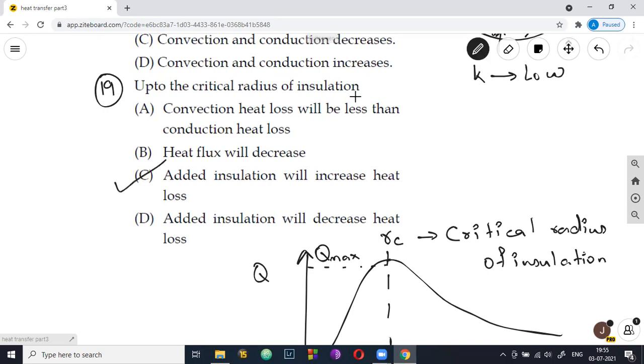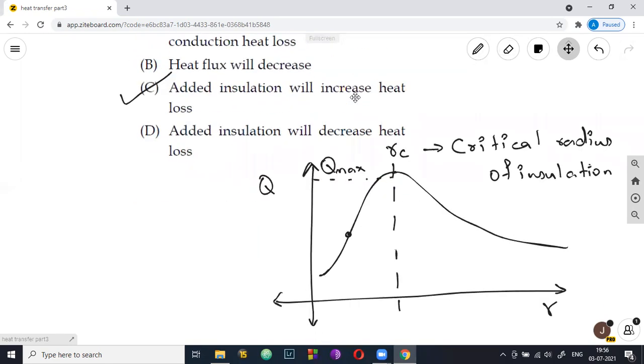That is the correct answer. See, if I'm starting from here and if I increase the critical thickness up to RC, any insulation that I add up to RC is going to increase the heat transfer. Okay, so the explanation of this entire thing is in this graph itself. I hope everyone is clear with the graph. Anyone has any doubt here?